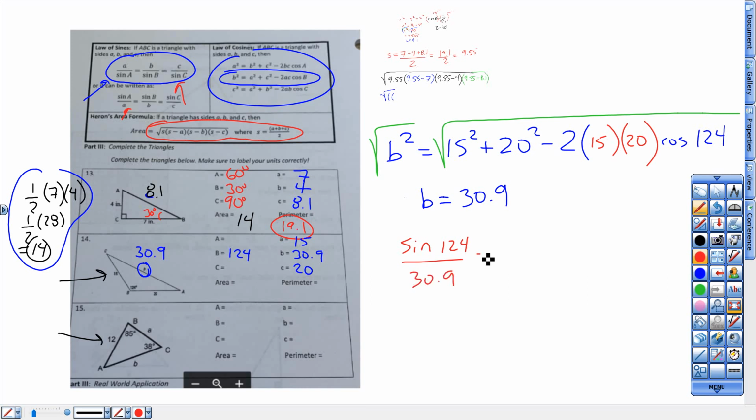By this definition, sine A over piece A equals sine B over piece B. So we'll go sine A over 15.